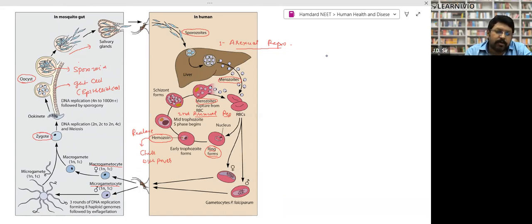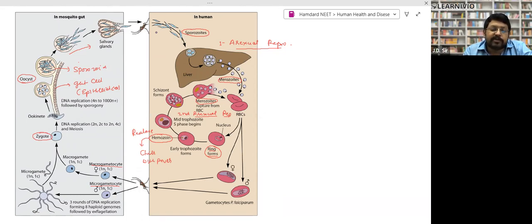What happens in a human? Suppose a healthy human is bitten by a mosquito, and we have seen that this is the Anopheles mosquito, which is responsible for spreading the disease. The mosquito injects sporozoites. So the first question you can get, please note down.